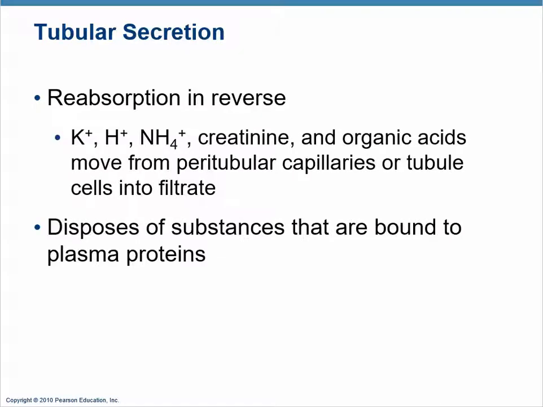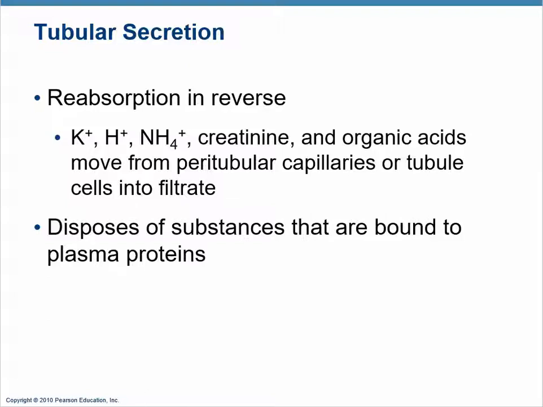So tubular secretion is the exact opposite of tubular reabsorption. And really, we use it for excess potassium, excess acidity, getting rid of the ammonia and the nitrogenous waste, creatine, some organic acids, but really it's mostly potassium and hydrogen ions.